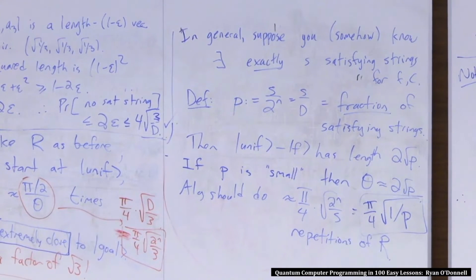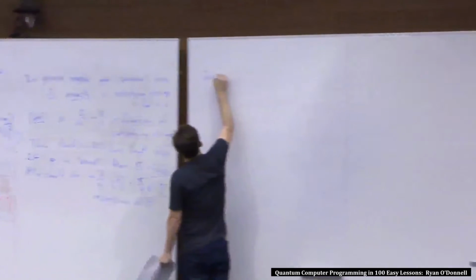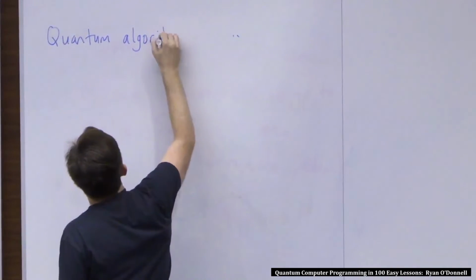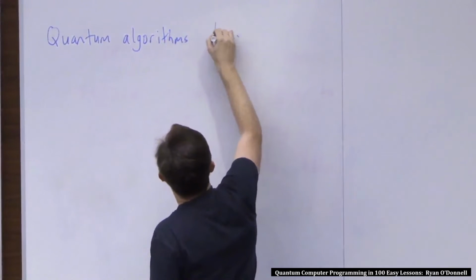What I want to emphasize is that this is a quadratic savings over the classical algorithm. And this quadratic savings is a hallmark of quantum algorithms, or it's one thing you often can get.